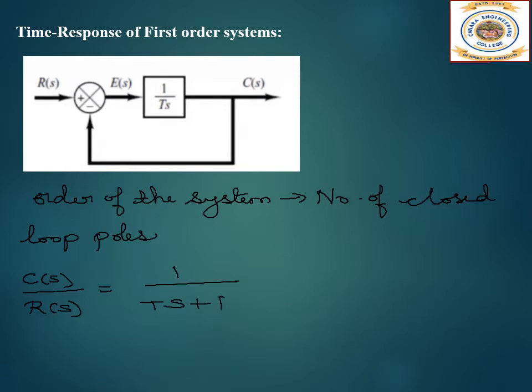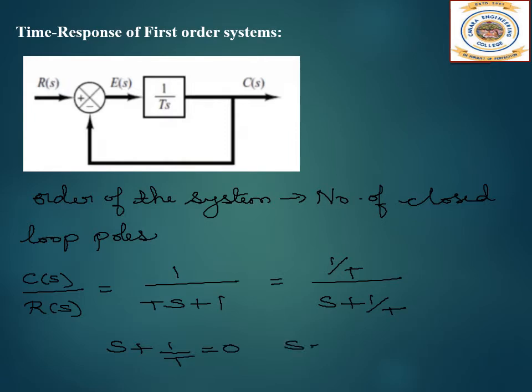So in this case, you can find that this is 1 by T whole divided by S plus 1 by T. So here, poles means you have to equate the denominator to 0. So S plus 1 by T equated to 0. So what do we get?